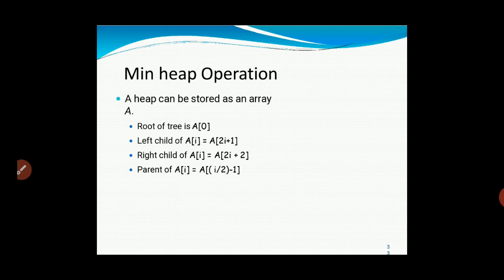The same thing follows here. In the operation where the root is at the 0th position, to get the left child in a min heap we apply the formula A of 2i plus 1. If you want the right child, you add 1 more, so the formula is 2i plus 2.